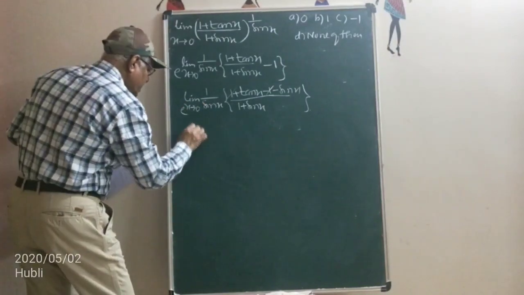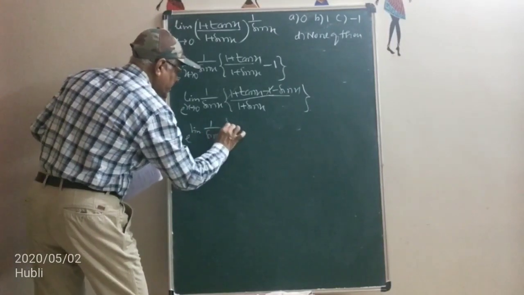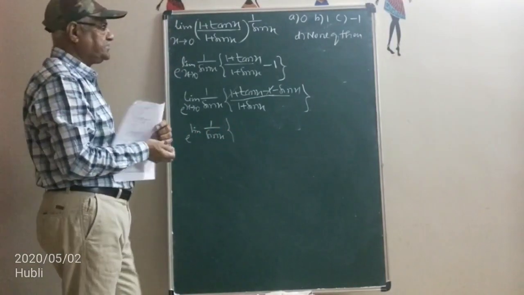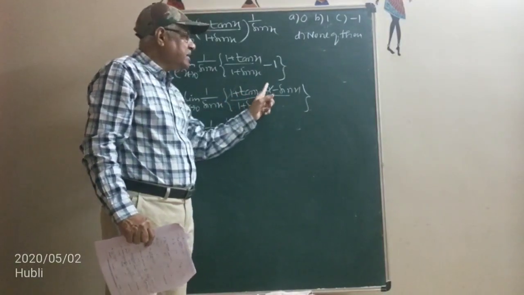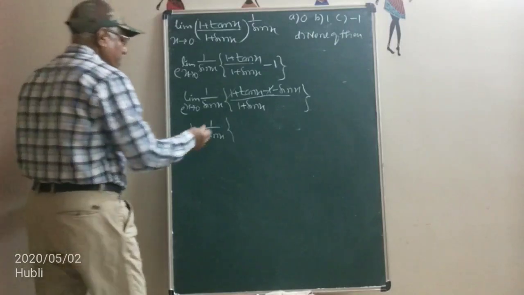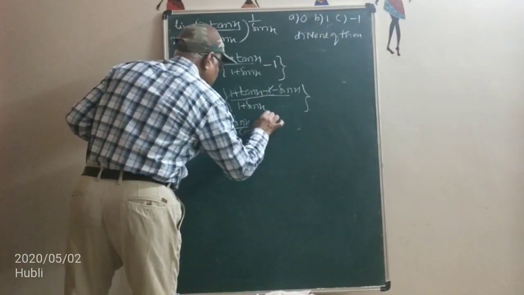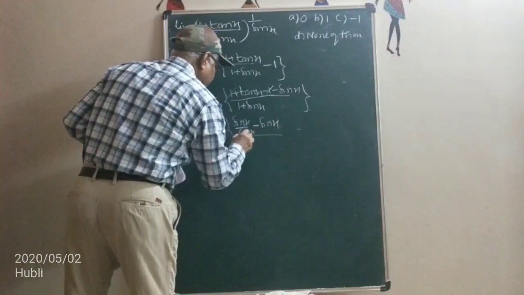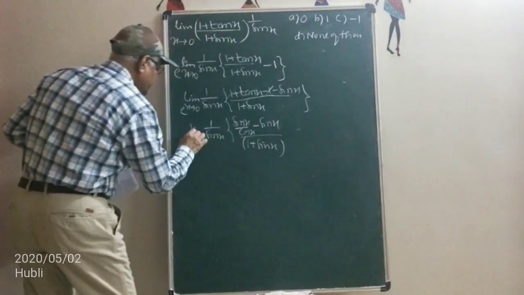That's equal to e raised to limit of 1 divided by sin x into the bracket. Tan x is sin x upon cos x, and minus sin x is there. So I'll write here sin x upon cos x minus sin x, divided by 1 plus sin x, as x tends to 0.